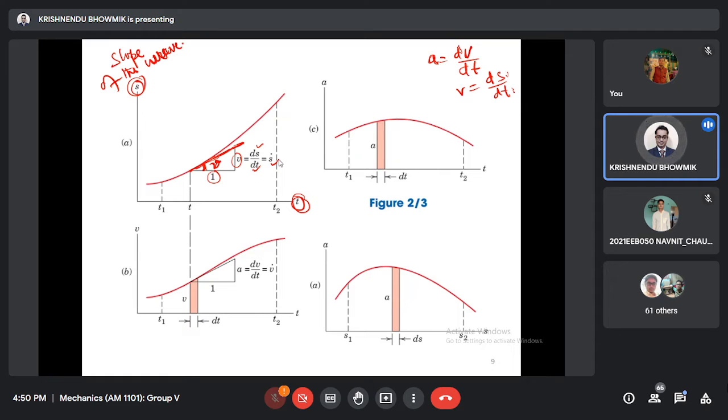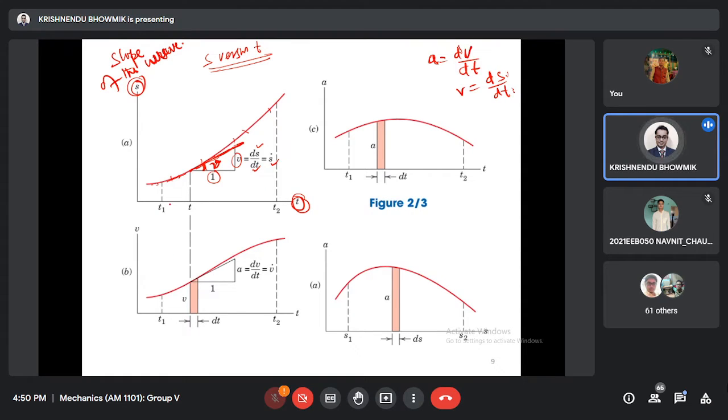Now our first target is, first of all I have the s versus t graph, that is the particle moving with time. It may be a function of t, s equal to function of t. Now, if somebody wants to draw the slope at different places, you draw the slope, take the slope, and plot it again.